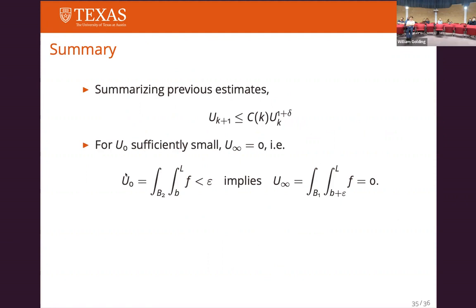And the upshot is, if you assume what you need to, you get an inequality of the form: your control quantity at the next step is bounded by the control quantity at the current step to some power bigger than 1, which means that if the initial data is sufficiently small, so if U0 is sufficiently small, then the one in the limit is actually 0.